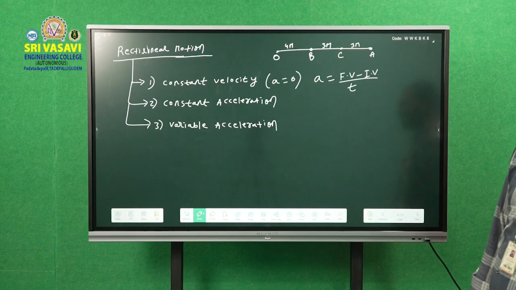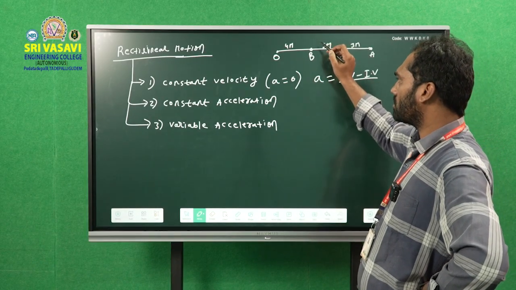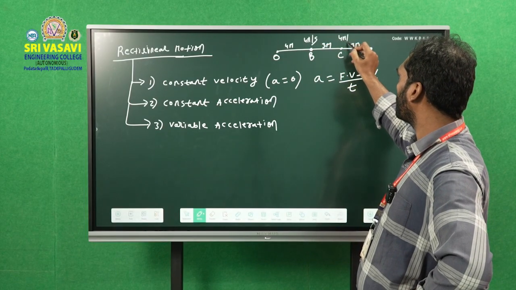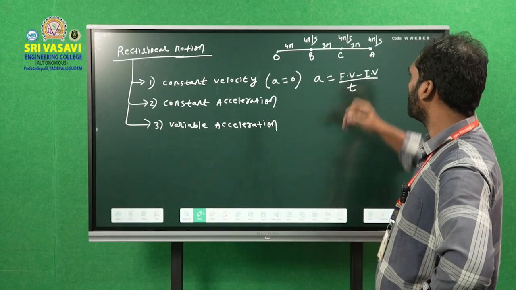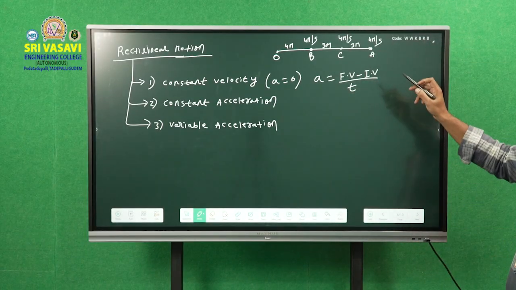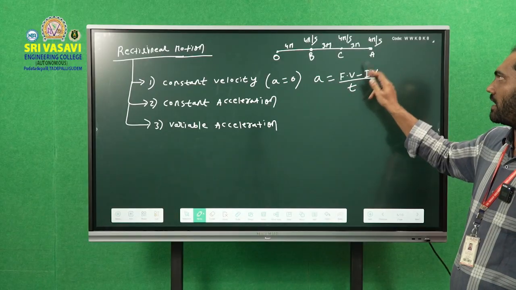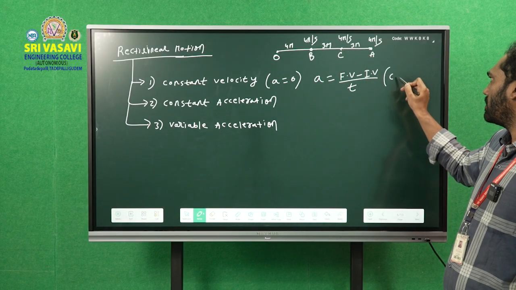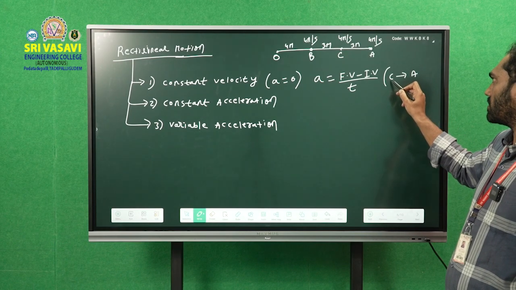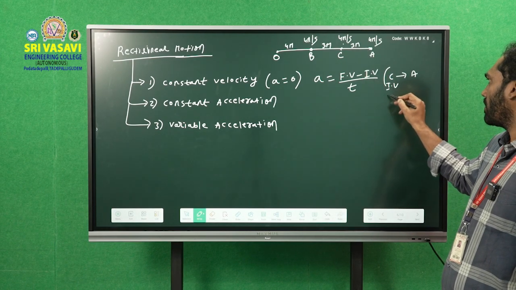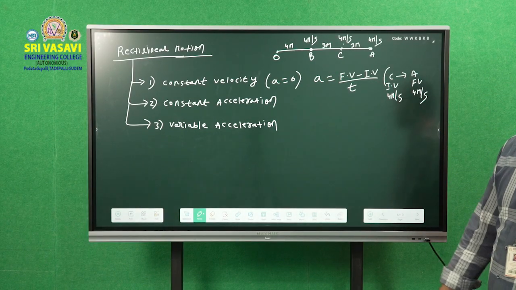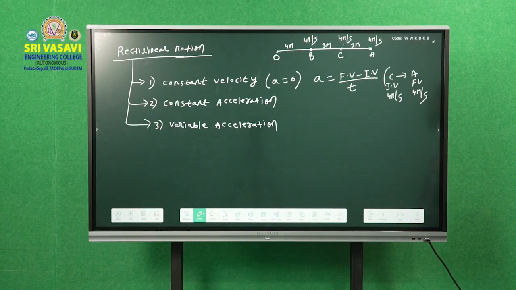With a constant velocity, here it is 4 meter per second, and here also 4 meter per second. If I consider from C to A, the initial velocity is 4 meter per second and the final velocity is also 4 meter per second. When you substitute in the acceleration, it is 0.